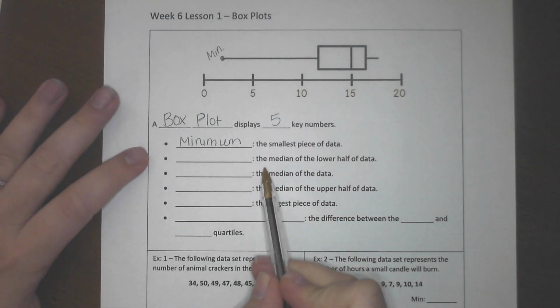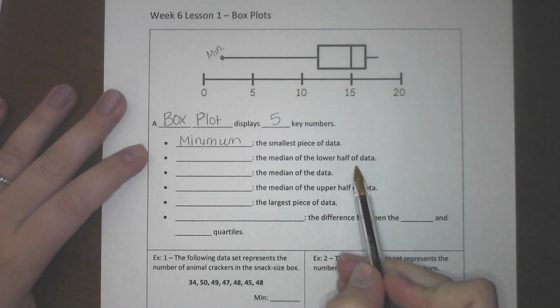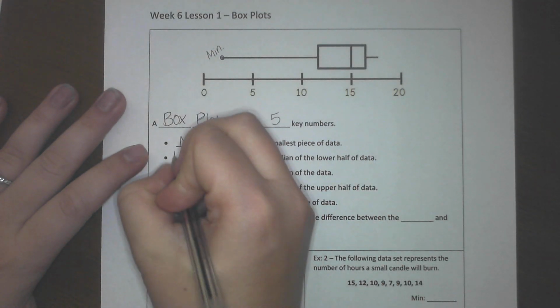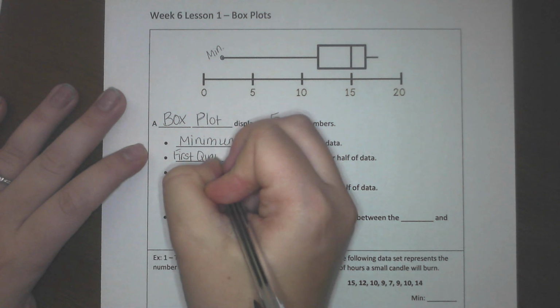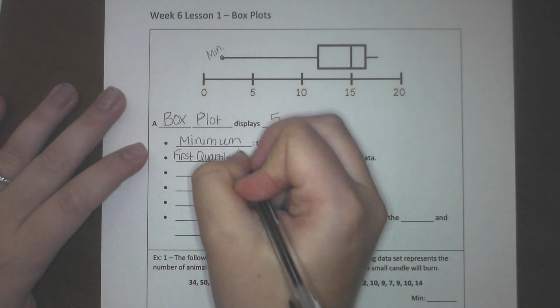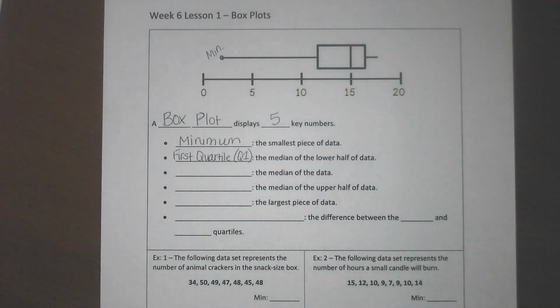Okay, the next one, the median of the lower half of data. This is called your first quartile, or Q1. So I know this seems a little confusing. Just get the notes down, give it some time to soak in, and then we'll get to the actual practice where you'll understand what the numbers actually are.